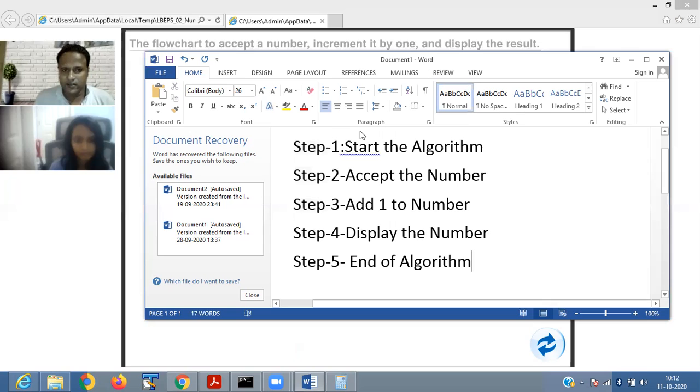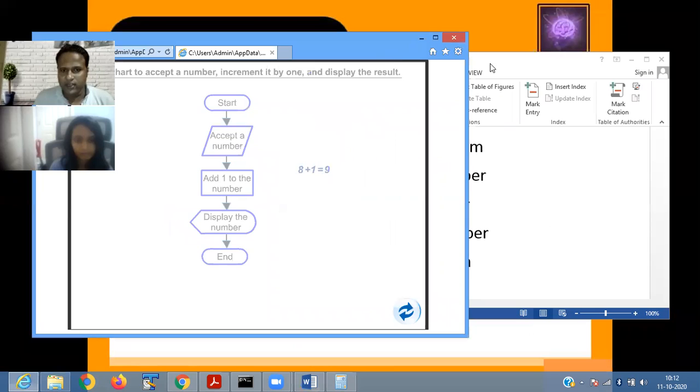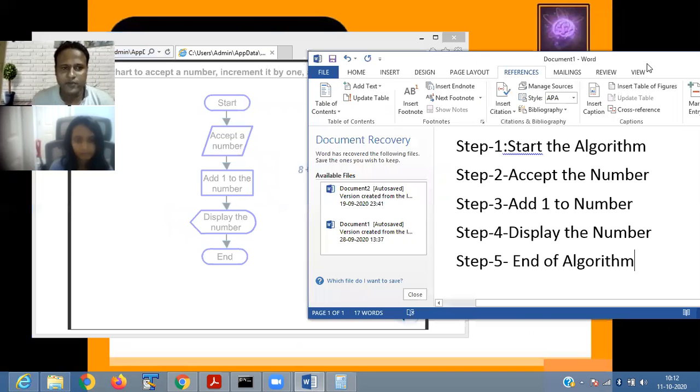See there. If you compare this one and this, both screens are visible. It is a flowchart. It is an algorithm. Clear? Yes. First start. Then here we write start the algorithm. Then it says accept a number. It is an input box.